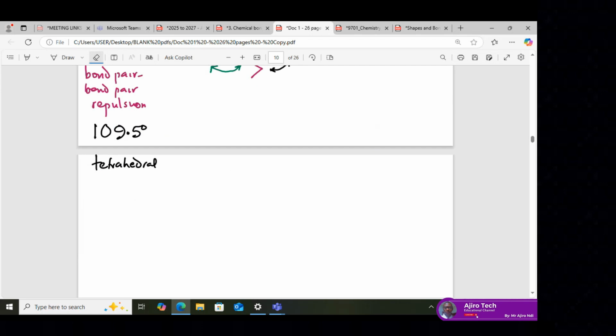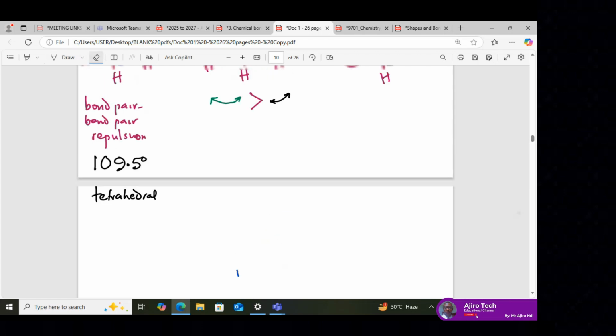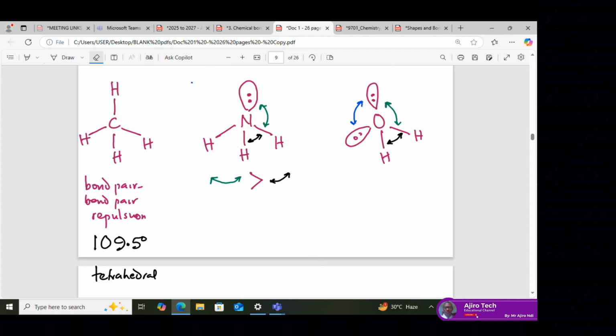With the carbon here, this one points away from you, towards the screen, and this one points towards you, away from the screen. Don't worry, it will make sense to you. I'm just trying to tell you that this is not as flat as the way I drew it, because I'm drawing on a single plane. You can even say tetrahedral shape. Is that okay? Now let's go on.